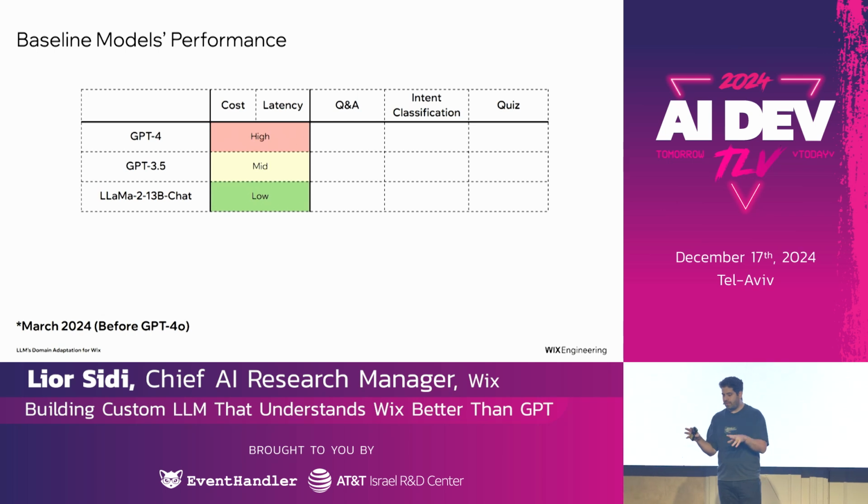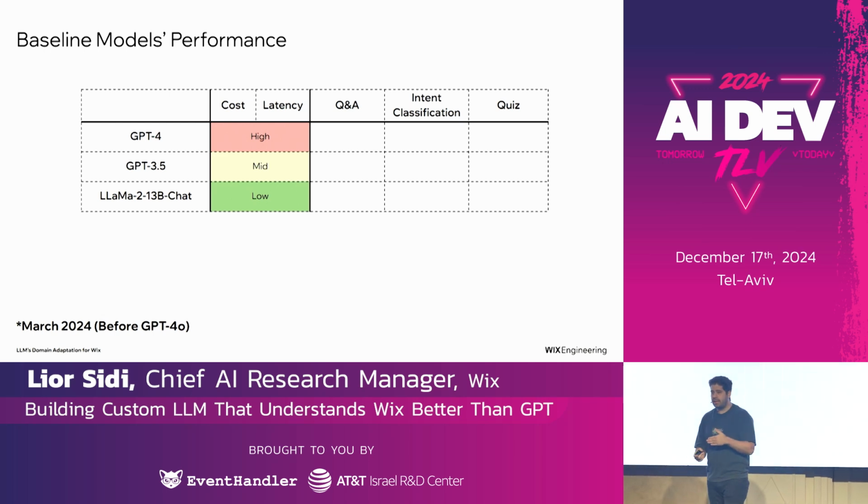Just a remark, this was done before March 2024, before GPT-4o, and we need to remember this because it has a lot of impact on the decisions that we took looking forward. Comparing the different models in March 2024 with respect to cost and latency, GPT-4 back then was very, very expensive and very, very slow.